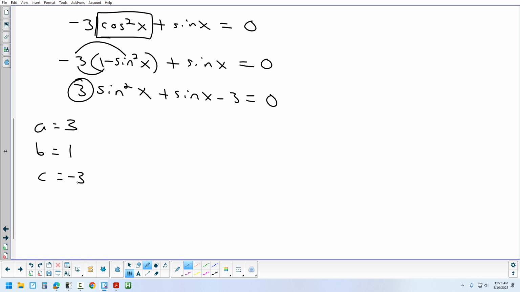So now, let's write that as if it were an Algebra 1 problem. You would have 3x squared plus x minus 3. What are you solving for in that equation? You're solving for x. Where do you see the x on the left-hand side? The positive x right in the middle.